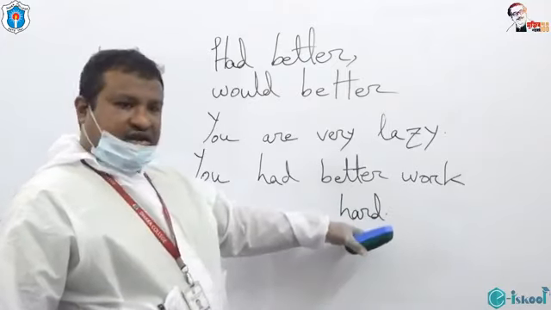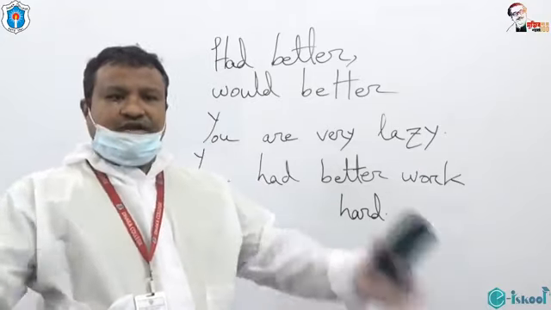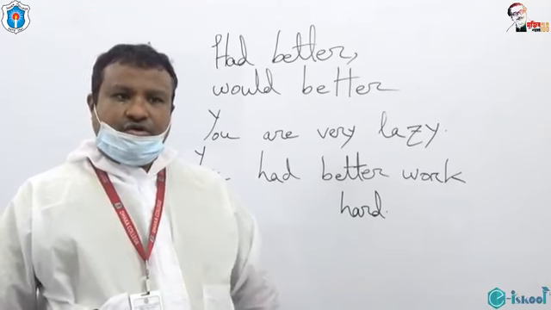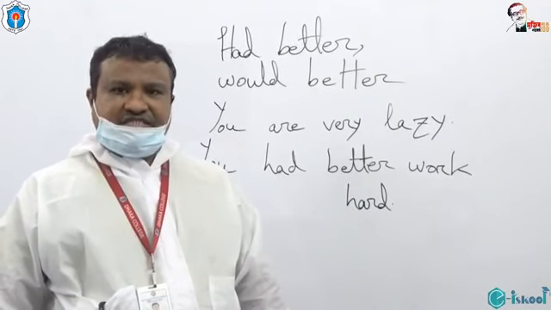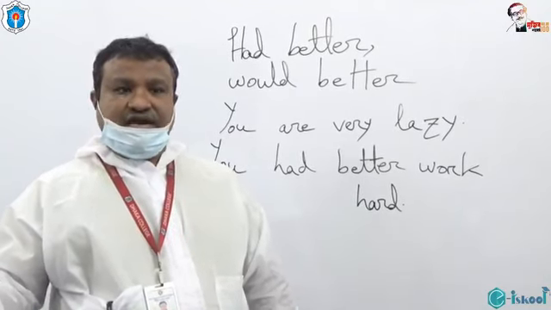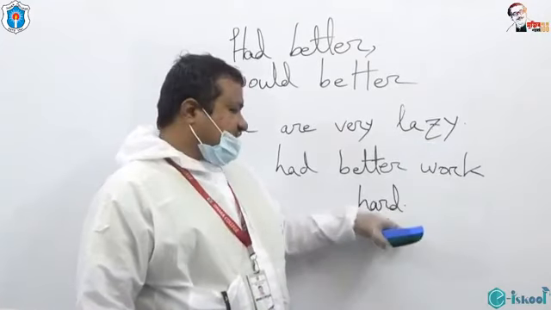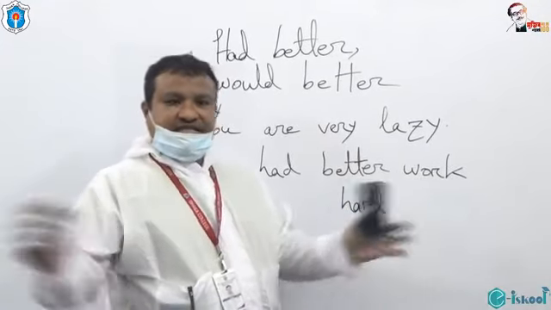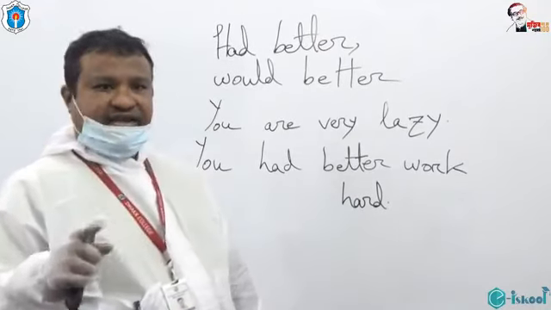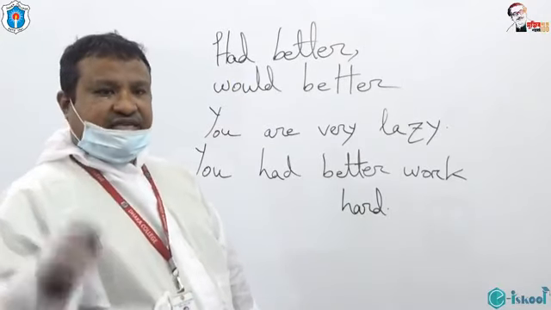You had worked hard to prosper in life, you had worked hard to achieve a good grade in the examination. That is a different issue, that is what extension you are using. But if you use the main verb and extension and then stop here, there is no problem. But you have to keep in mind that after had better, after would rather, there will be a main verb.